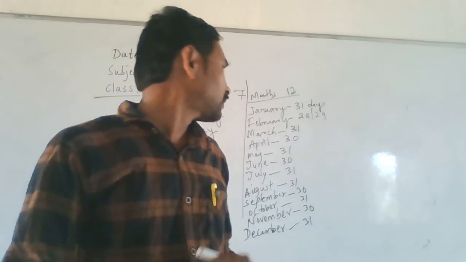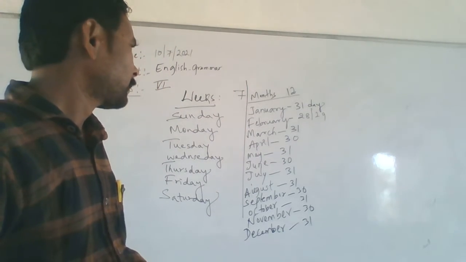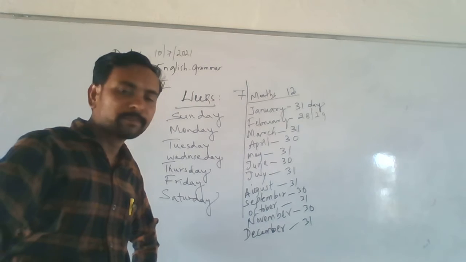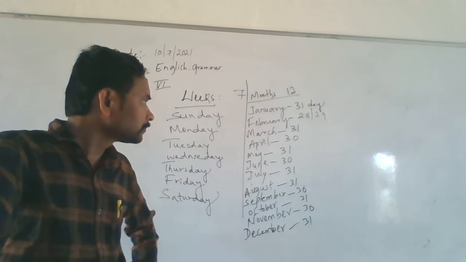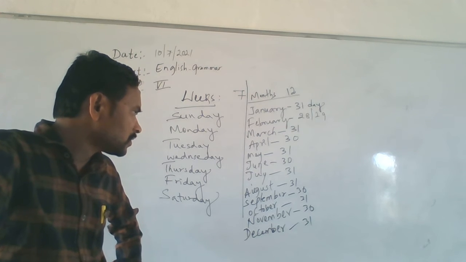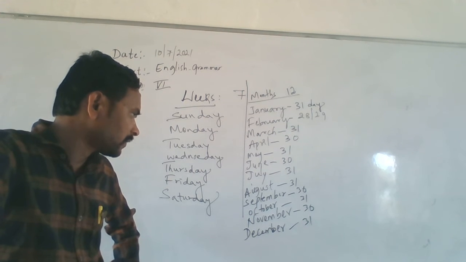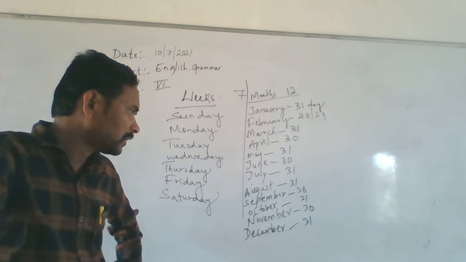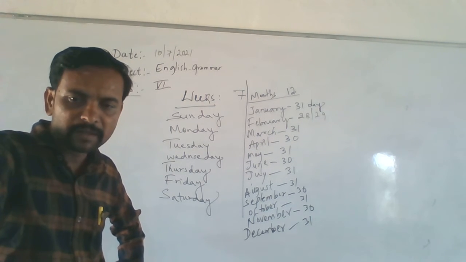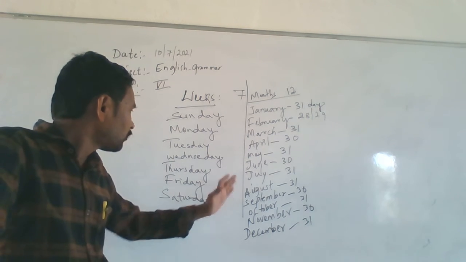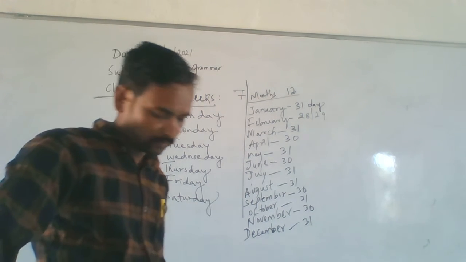In January, 31 days. February 28 or 29. March 31. April 30. May 31. June 30. July 31. August 31. September 30. October 31. November 30. December 31. Okay, weeks and months.